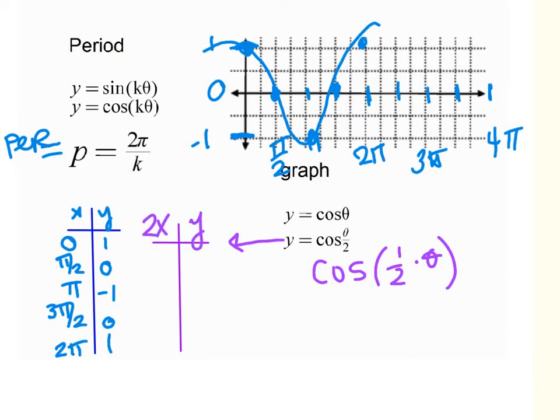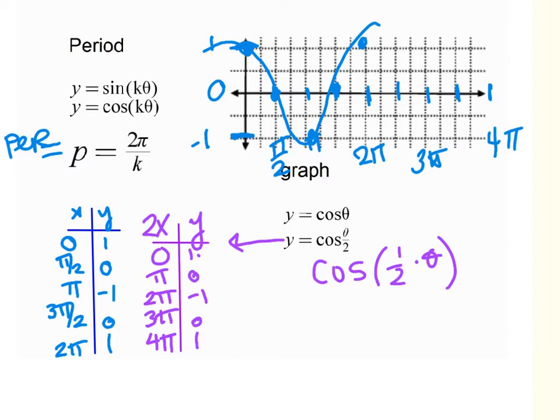Nothing is happening outside, so my y's are going to stay the same. So 0, pi over 2 times 2 is just going to be 1 pi, 2 pi, 3 pi, and 4 pi. If you don't know where I got those numbers, you need to hit pause and try to work those out yourself. Come back when you're ready. The y's stay the same.